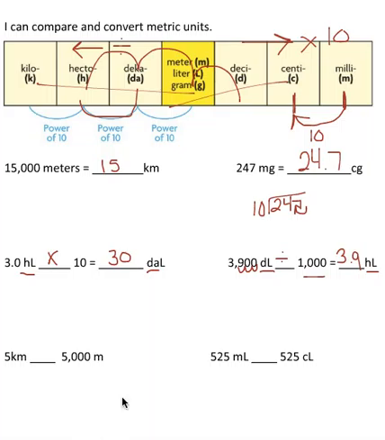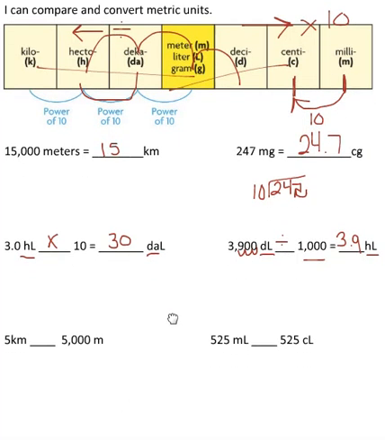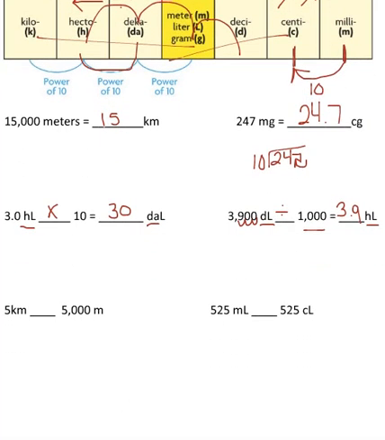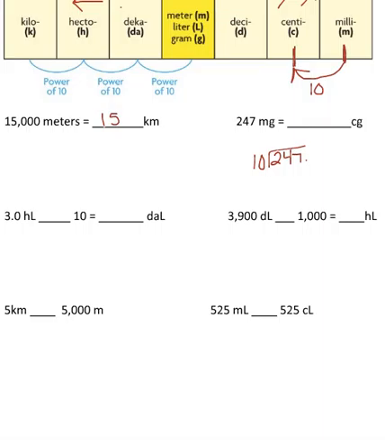Okay, so let's move down a little bit and let me go ahead and erase some of my work up top so that we have a clear chart for these last two problems. Remember, moving to the left you divide, moving to the right you multiply. So I need to compare 5 kilometers to 5,000 meters.